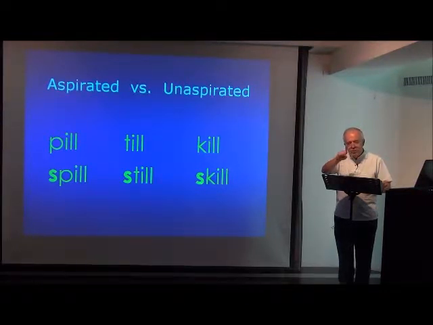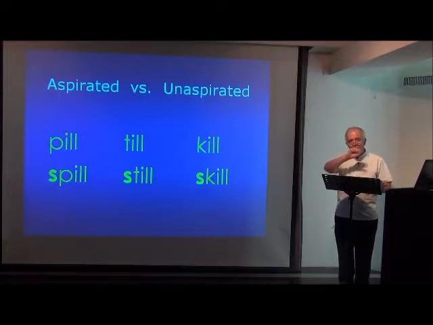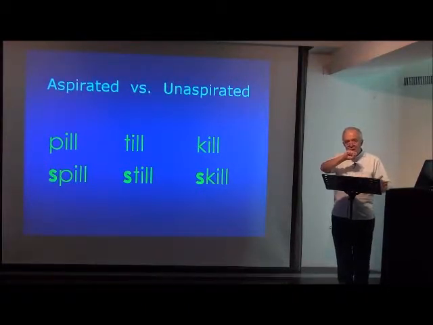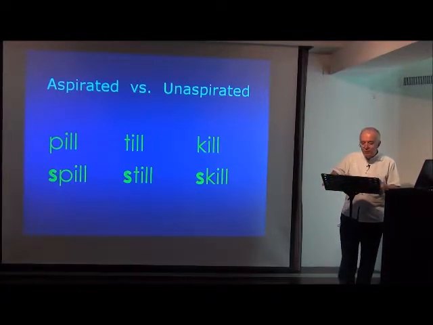Now, you might want to say to me, yes, but I felt air coming out. But the air was to do with the S. So separate the S from the P and go spill, still, skill. And if you notice, the P, the T, and the K lose their aspiration.